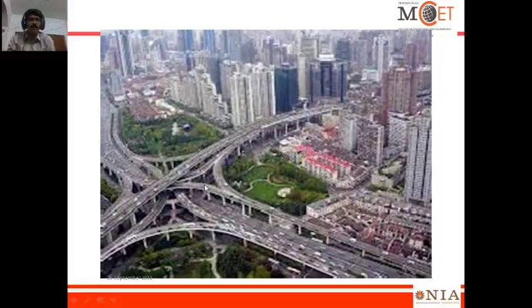To avoid the usage of much space, and since we can't extend, we need to have flyovers with proper alignment. There also curves play a major role, right? And without proper planning, if the curves are not smoothened, many accidents will happen on those bridges, right?